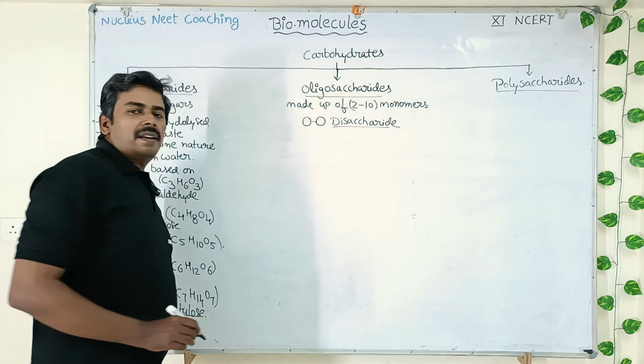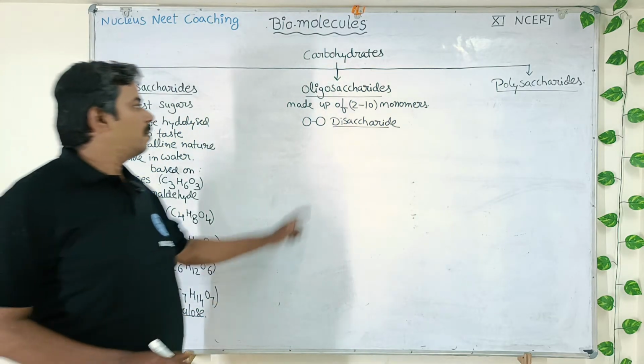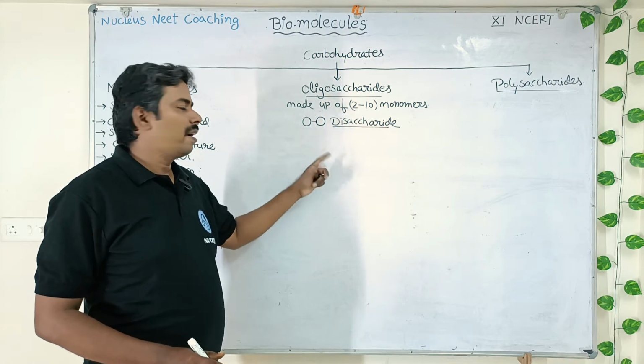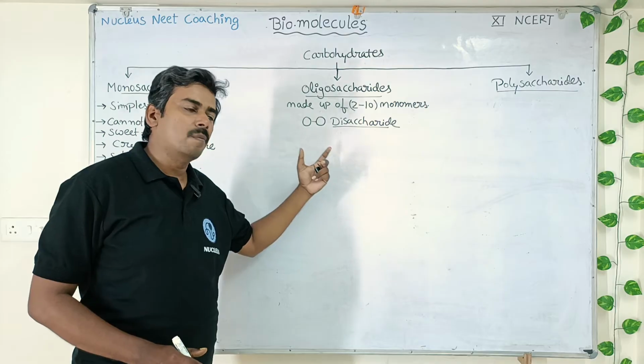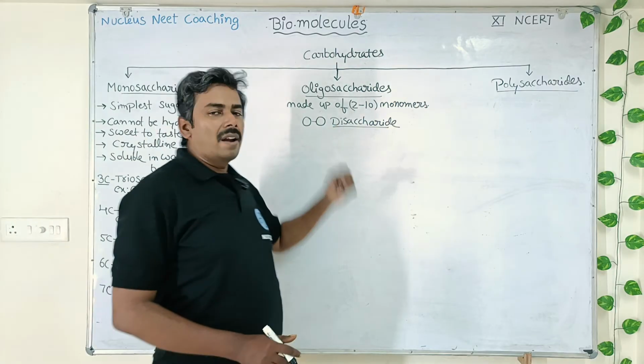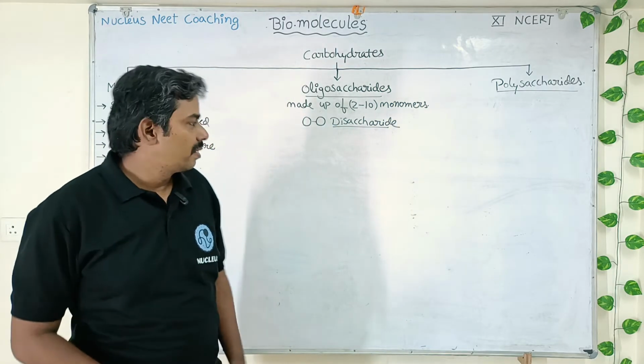A disaccharide is a carbohydrate made up of two monomers or monosaccharides attached to each other by a bond called a glycosidic bond.